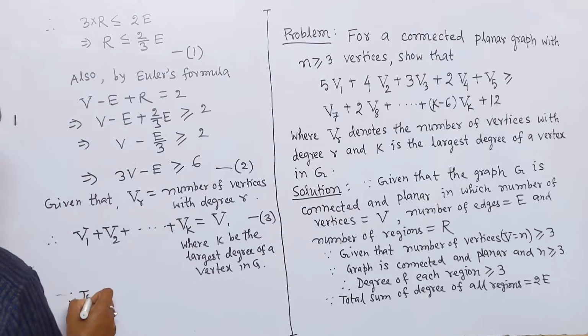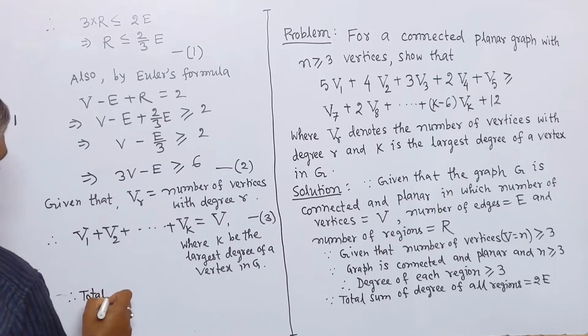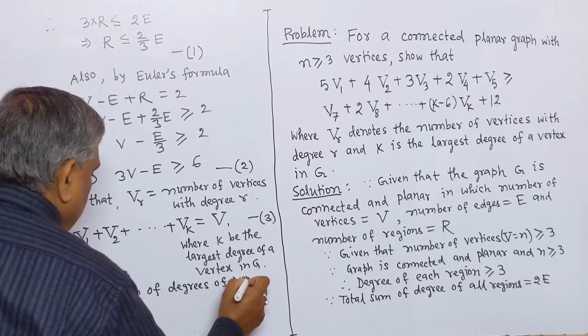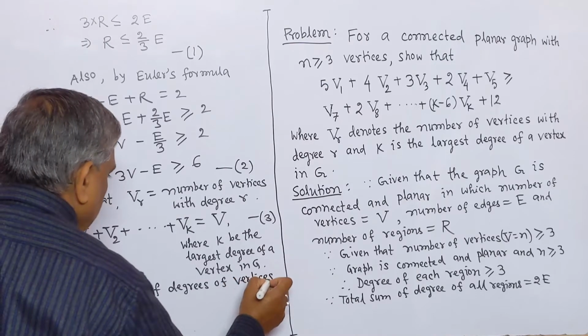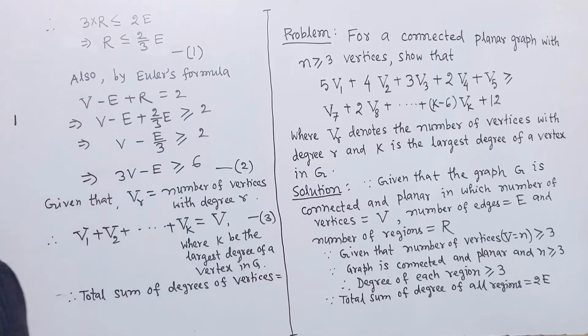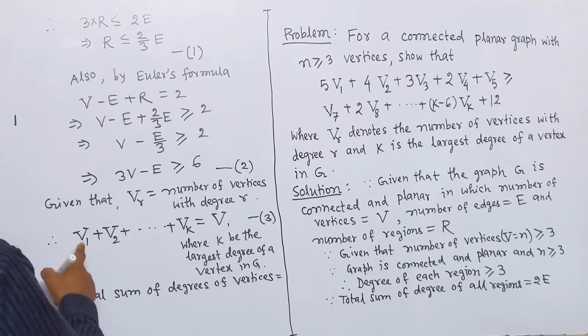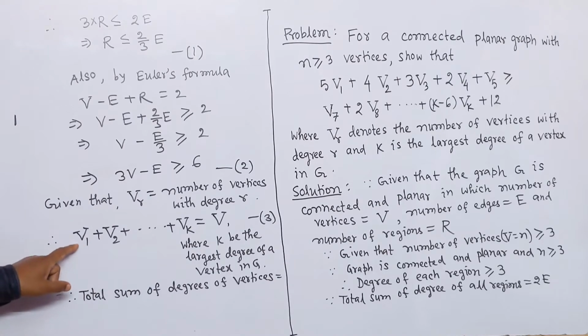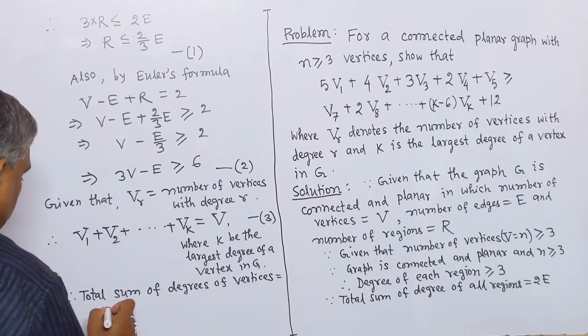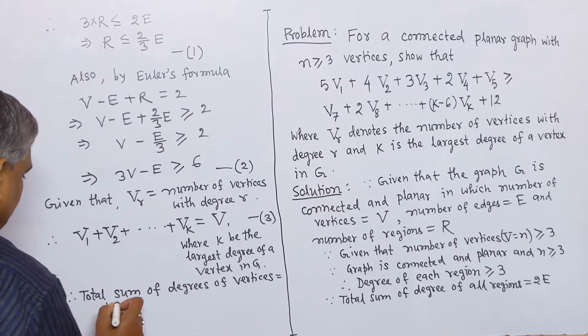Therefore, the total sum of degrees of vertices equals: V1 is the number of vertices with degree 1, so we write 1 multiplied by V1.